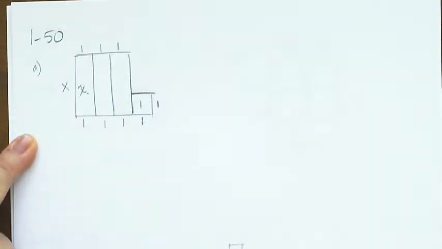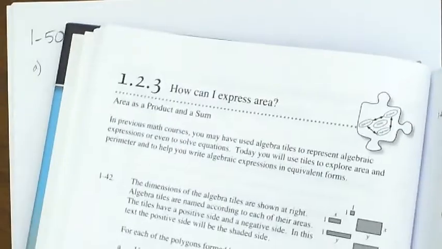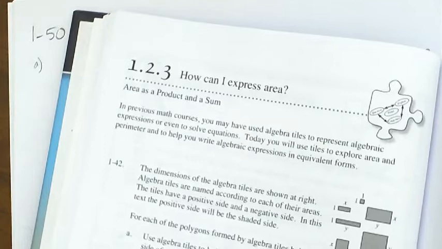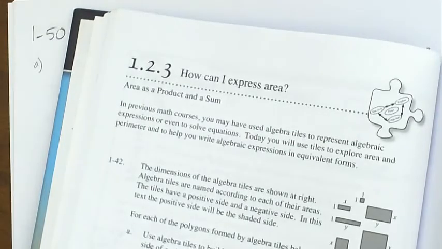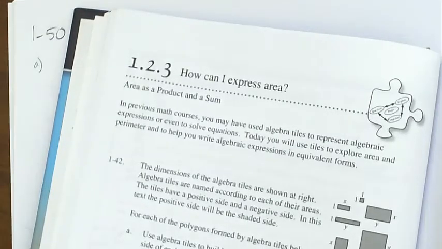Make sure you take the time to draw a pretty decent diagram. Pause the video if you need to. And by the way, these are in the ebook. These are from lesson 1.2.3, and if you are using the ebook and you look at the bottom of the screen, there's a button that says Tools.